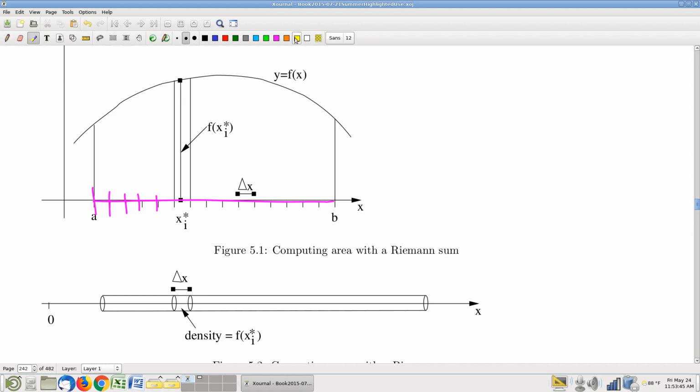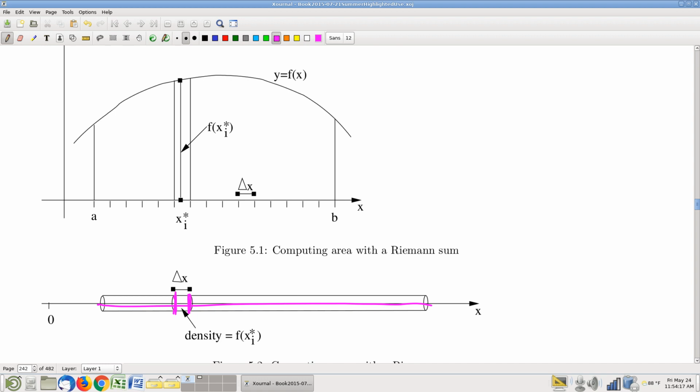So if I look at the amount of area over a little piece of the interval, if I add up these individual pieces of area, I get the total area. Looking at this bottom example, if I'm interested in mass, if I chop up this interval into little pieces, the total mass that I'm interested in is, in fact, the sum of the little masses that I get on each little piece.